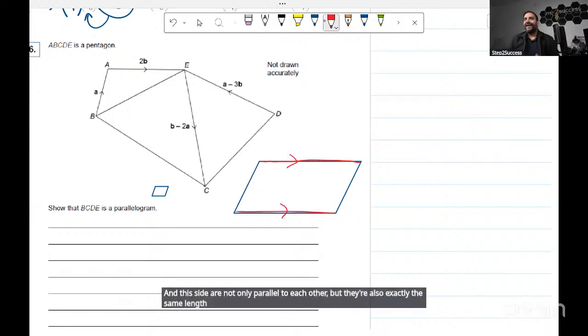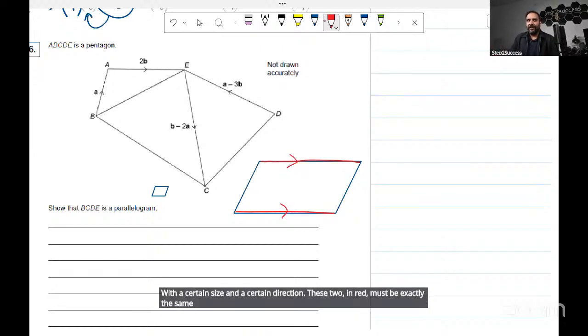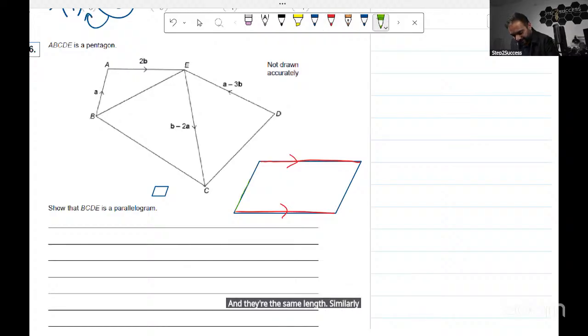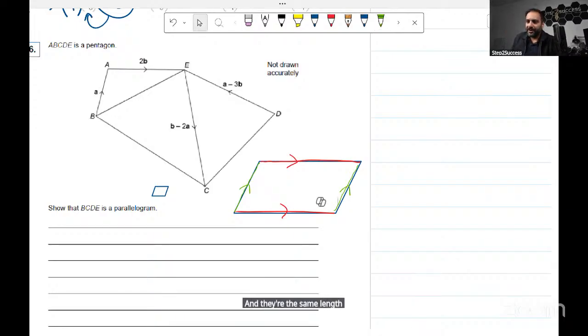So in terms of vectors, remember what a vector is? It is a line with a certain size and a certain direction. These two in red must be exactly the same vector because they're going in the same direction and they're the same length. Similarly, these two lines are going in the same direction and they're the same length. So they must be exactly the same vector.